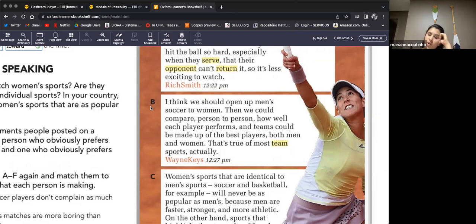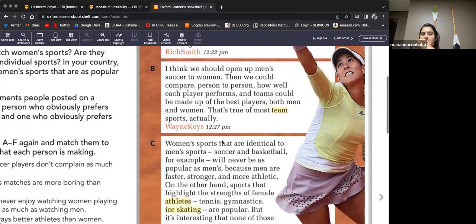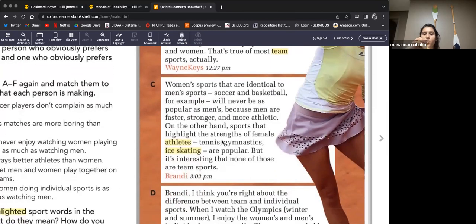That's true of most team sport actually. But in this case, letter C. Women's sport that are identical to men's sport.